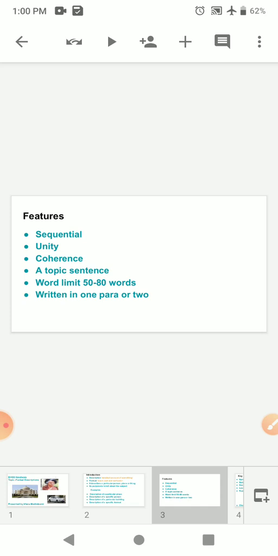Similarly, in a sentence there should be a sense of unity, and you should not digress or ramble. For example, you are asked to write a factual description of your school library, and you begin a sentence describing the location of your school library, where it actually is.